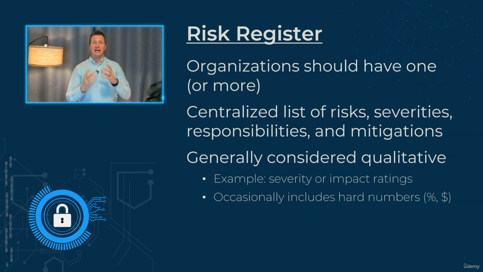It's a centralized list of risks with severity level ratings, who's responsible for incident response, and also the mitigating control that has been put in place within the organization against that risk. So generally, when we work with the risk register, we're usually talking about qualitative numbers, things like severity level ratings and impact level ratings, that type of thing. There are times when in a risk register you might see dollar values, but usually it's qualitative in nature.